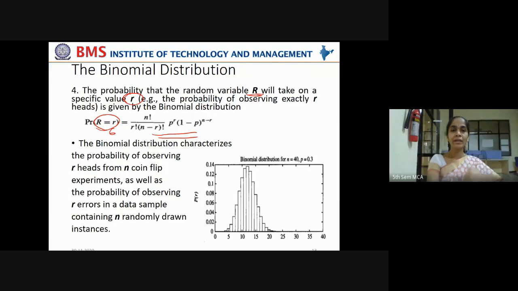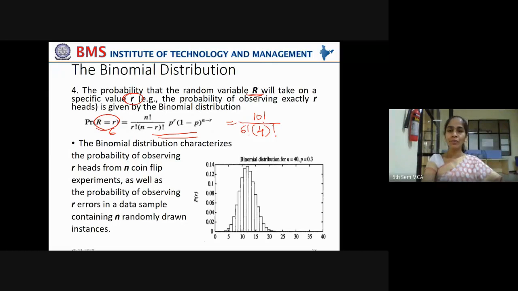Say here we are interested in the probability of 6 heads observed out of 10 coin tosses. How can you write that? Total 10 coin tosses, so 10 factorial by how many times you observed heads? R factorial is 6, and n minus r factorial is 4 factorial, because 4 times you didn't observe head.